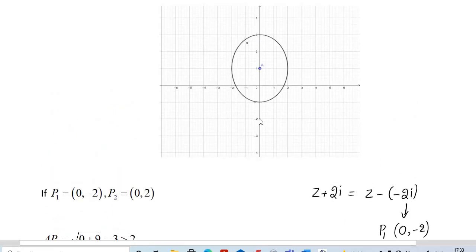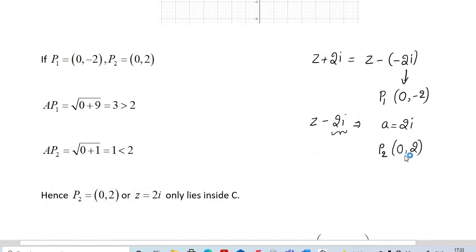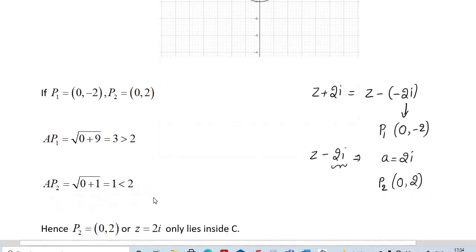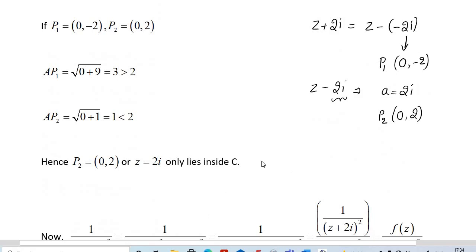So the P1 point means 0 comma minus 2, that is this one. This point lies outside the circle. P2 equal to 0 comma 2, that is this point. This point lies inside the circle. So P2 lies inside, P1 lies outside. Here they mention it distance-wise. They are finding the AP1 distance, that is 3. 3 is greater than 2.